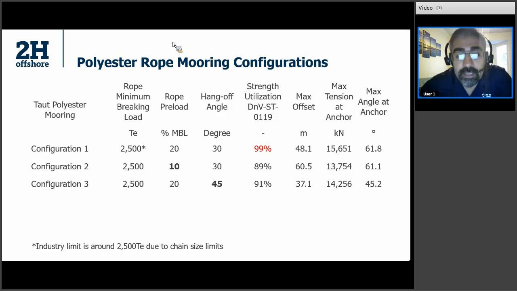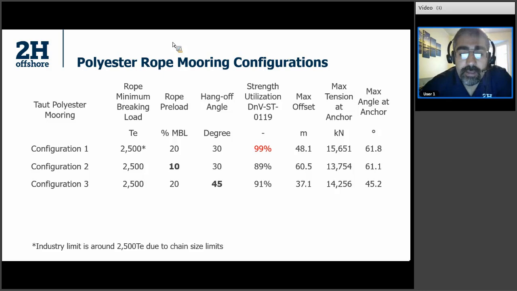So if we increase the hang-off angle to 45 degrees, comparing with configuration 1 with the same 20% MBL, the utilization on the mooring line goes to 91%. That is about an 8% reduction from configuration number 1, just because of the hang-off angle.